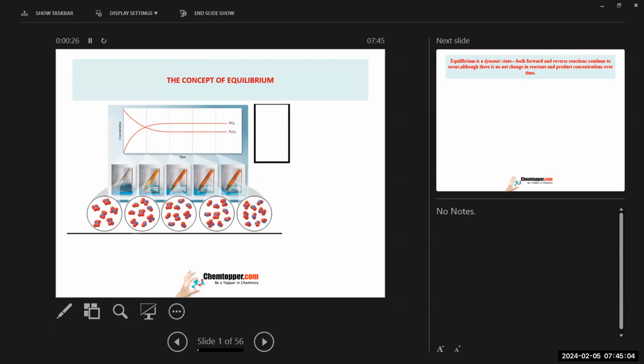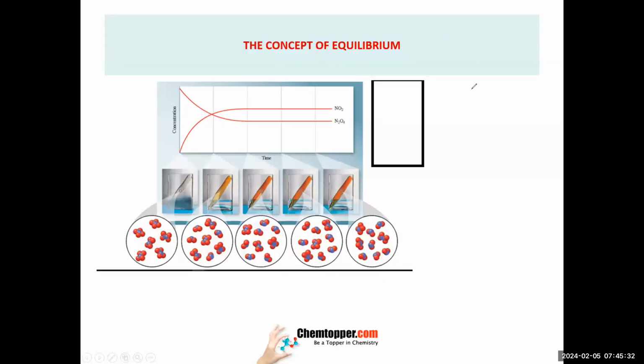Do you remember that in unit 5, I left one topic? That was steady state approximation. Now you can see the unit here, unit 7.